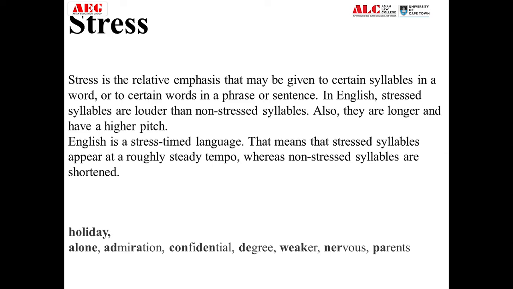Nervous. Parents. Nervous. Weaker. Degree. Holiday. Here you can understand, there's a single word like degree, but the stress is on DE. Degree. So that is what stress is all about.